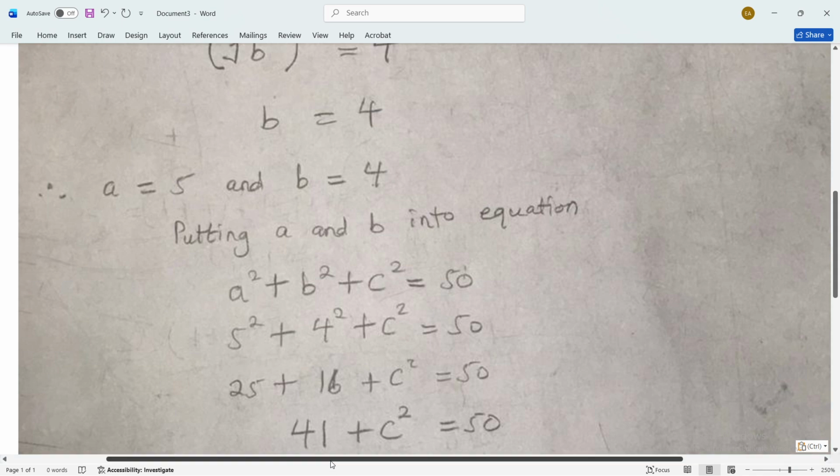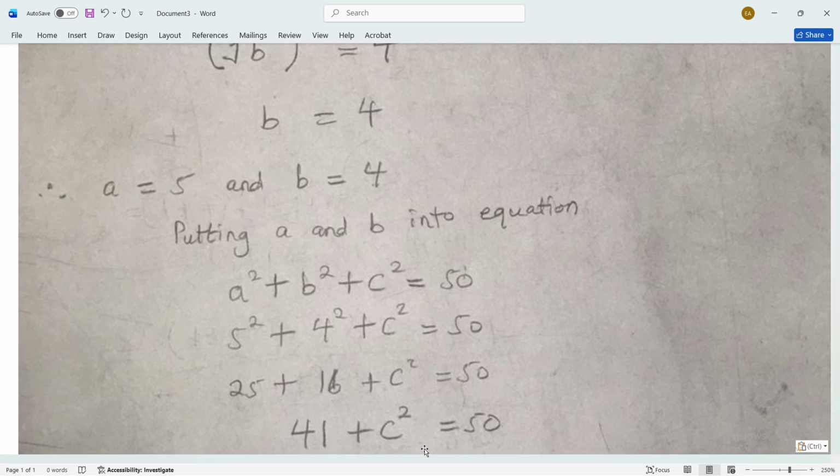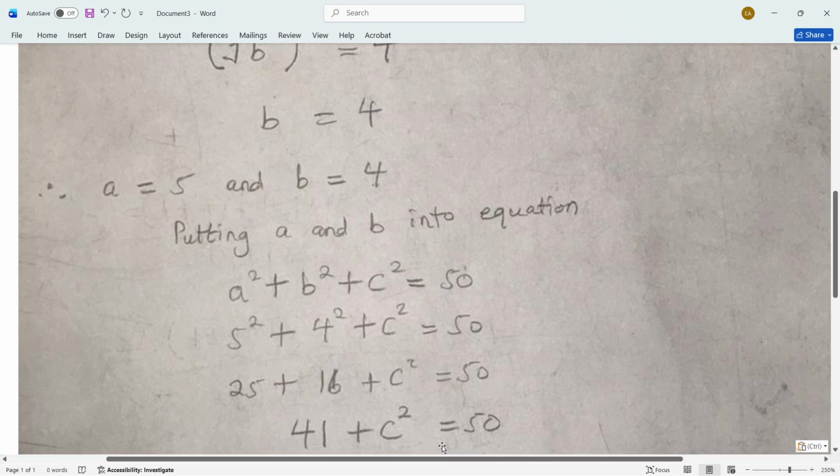So 41, which is a positive number, would jump the equal to sign and change to become a negative number. Every number that crosses the equal to sign changes its form. If it's a positive number, it will change to become a negative number. If it's a negative number, it will change to become a positive number after it has crossed the equal to sign.